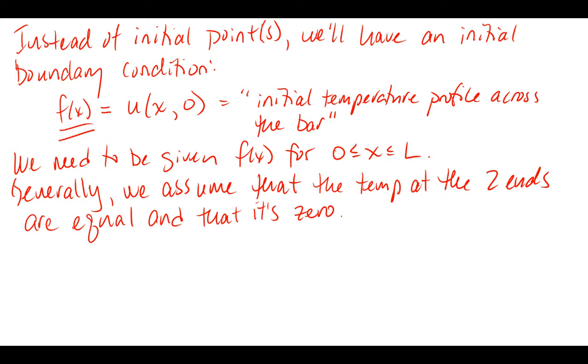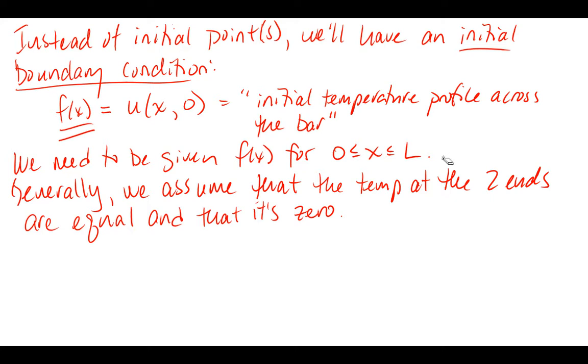So my initial information, which is usually called an initial boundary condition rather than an initial position or initial value, is because I'm going to describe to you the initial temperature all along the, in this case, the rod or the bar, which is the boundary of the problem, so to speak.